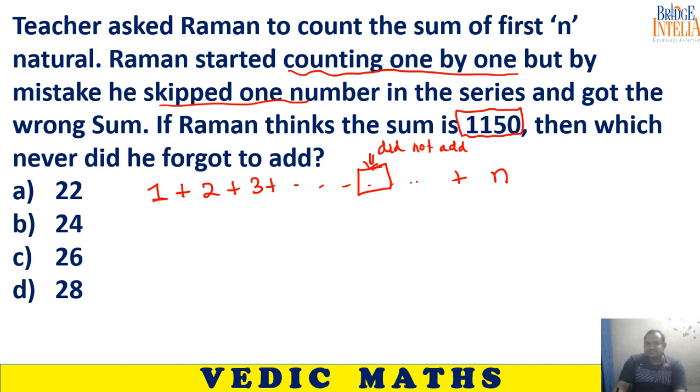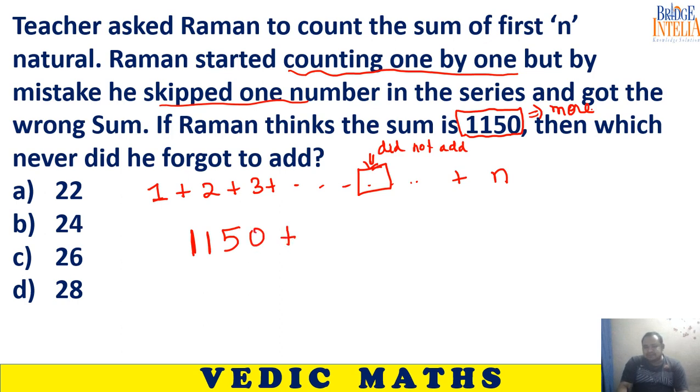The question says find out which number he forgot to add by mistake, because he skipped one number. That means whatever answer he is getting is less because he has not added one number. If he had added that number, the answer would have been more than 1150. So the actual answer would have been 1150 plus the missing number.